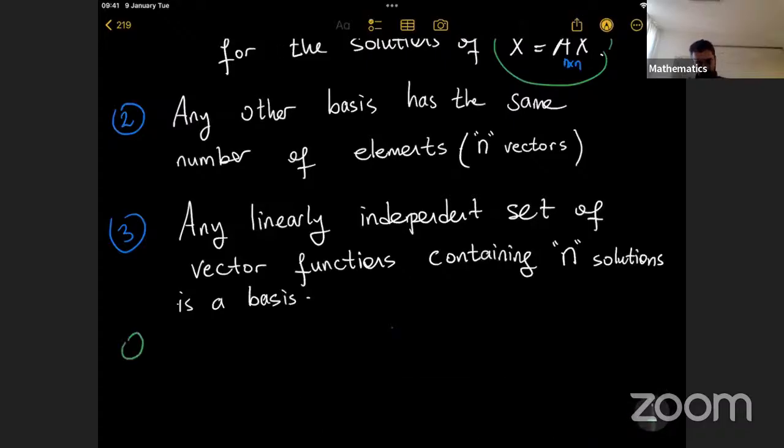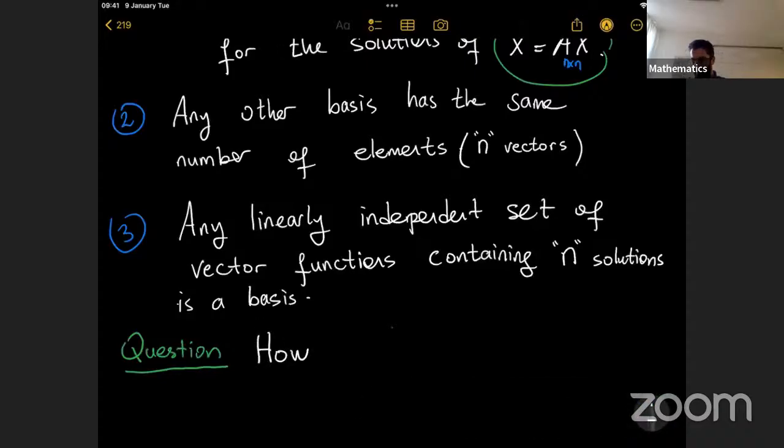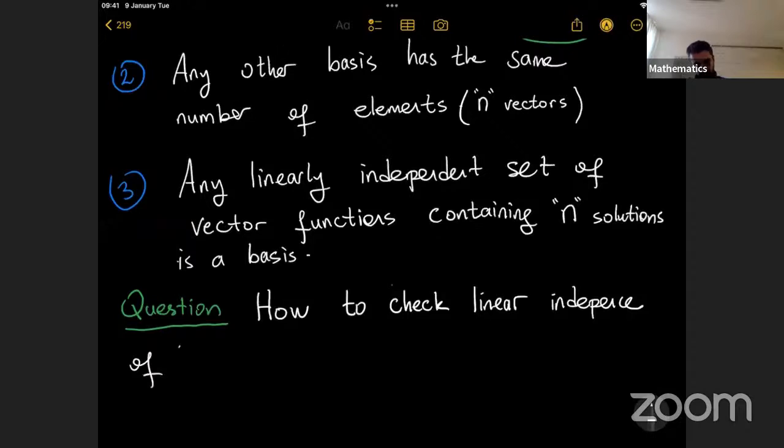The question is, how to check linear independence of the solutions of x prime t is equal to Ax.